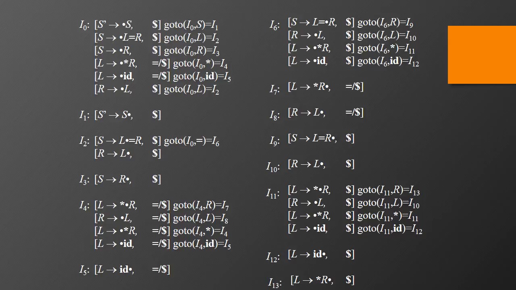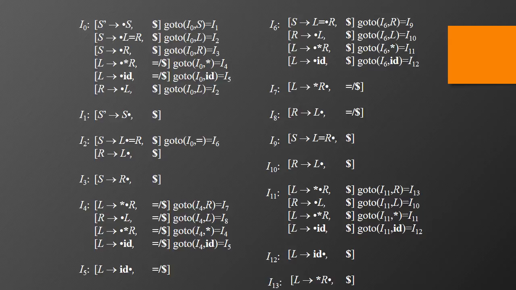Item 0 contains S dash gives dot S comma dollar, S gives dot L equal to R comma dollar, S gives dot R comma dollar, L gives dot star R comma equal to hyphen dollar, L gives dot ID comma equal to hyphen dollar, R gives dot L comma dollar.